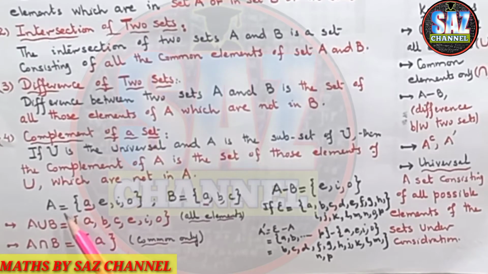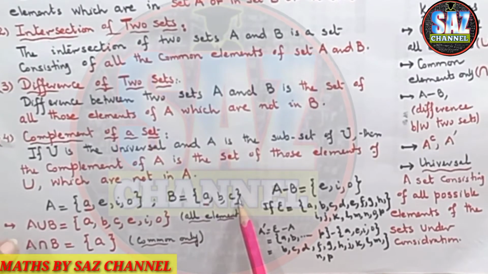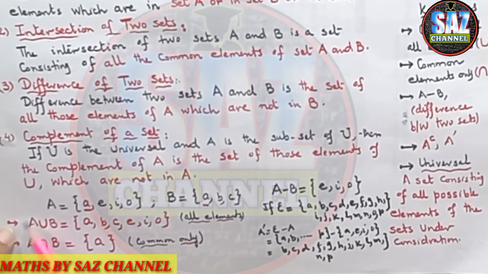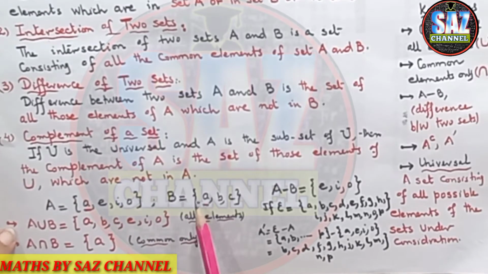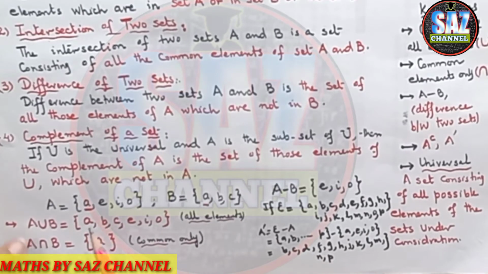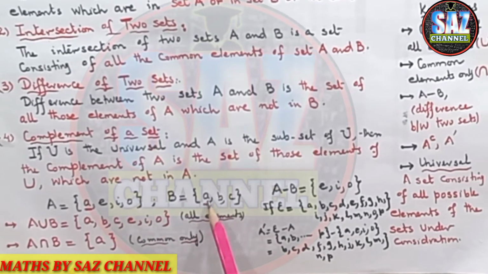If we have the set A of A, E, I and O, and B is the set containing the elements A, B and C, then union means the collection of all the elements which are present in A or B or both. So A union B: we can see that A is present in set A and set B as well, but we will write it once only and then go in a sequence.